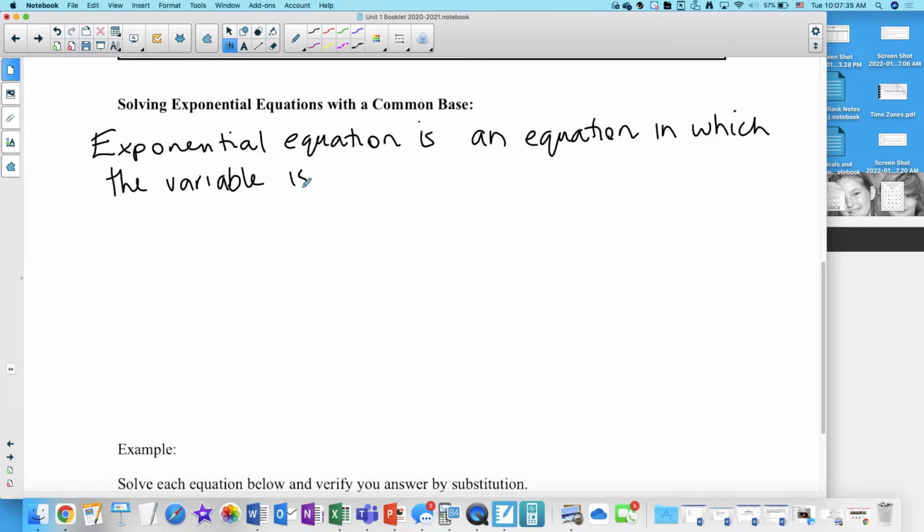Okay, so a very simple exponential equation could be something like this.